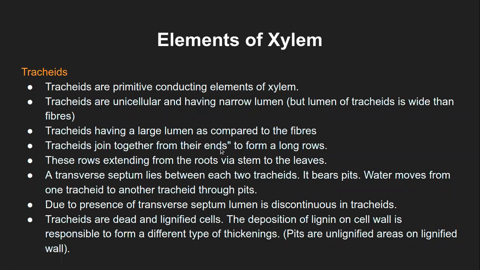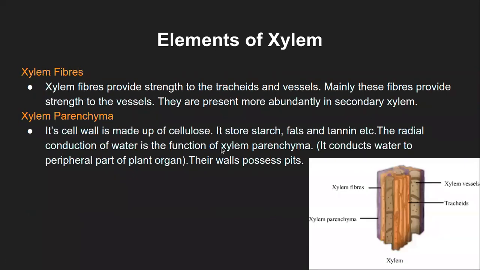Now, if I have to show you this, if you look at this particular structure, these are the individual tracheid cells, right? If you see this brownish yellow color, this one cell which is column like, these are the tracheid cells, and they are arranged end to end.